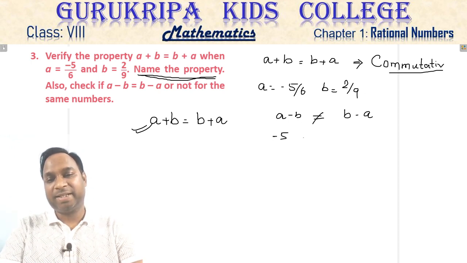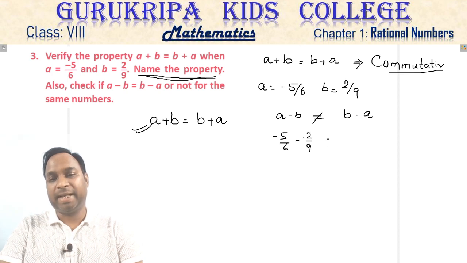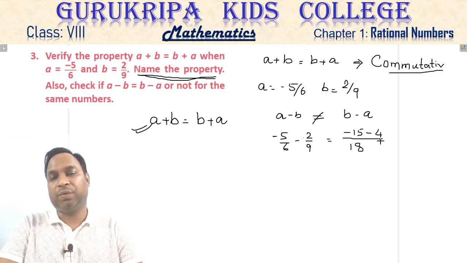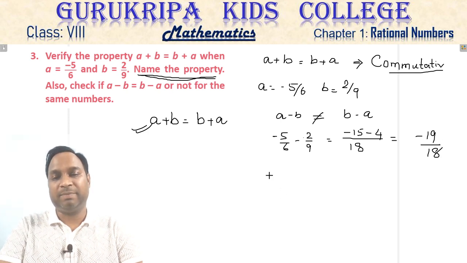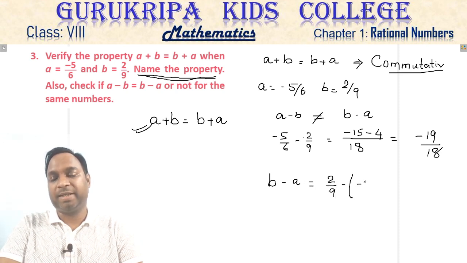Okay, let's check it also. We have minus 5 by 6 minus 2 by 9. Take the LCM, 18. Minus 15 minus 4, minus 19 by 18. And if you take B minus A, it will be 2 divided by 9 minus of minus 5 by 6.